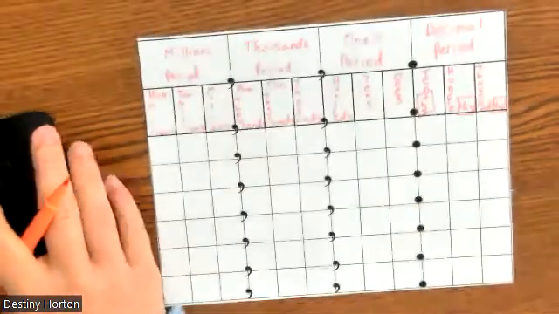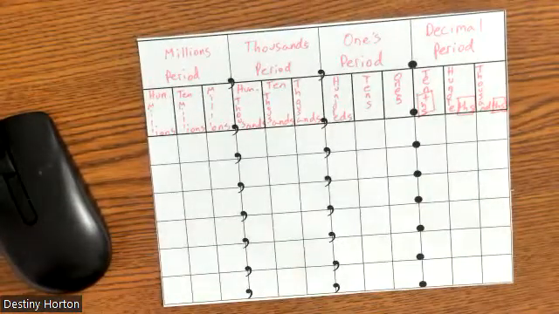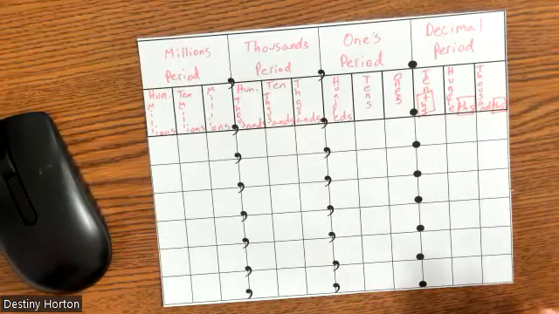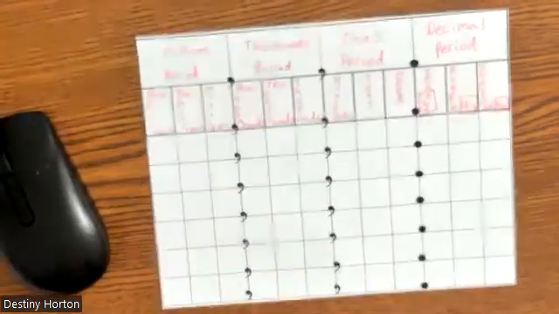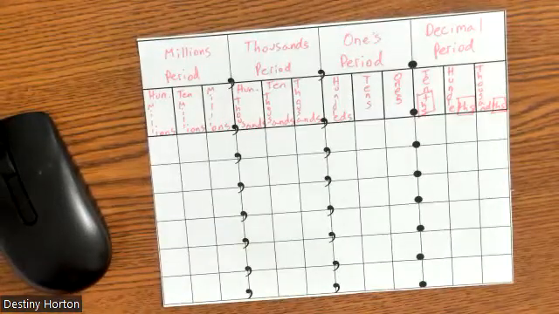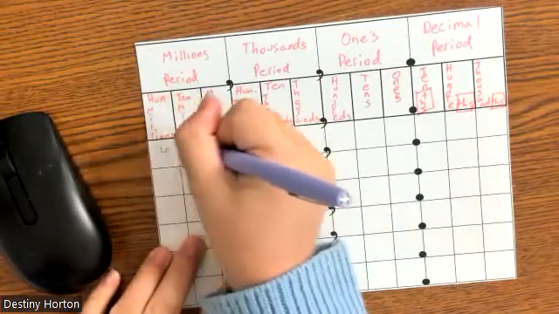Okay, so now that we know all of our decimal places, and we can use the same pattern when it comes to billions and trillions, let's start practicing saying some numbers. So I'm gonna switch markers here just so we can tell the difference. And I'm gonna teach y'all how to read a number.